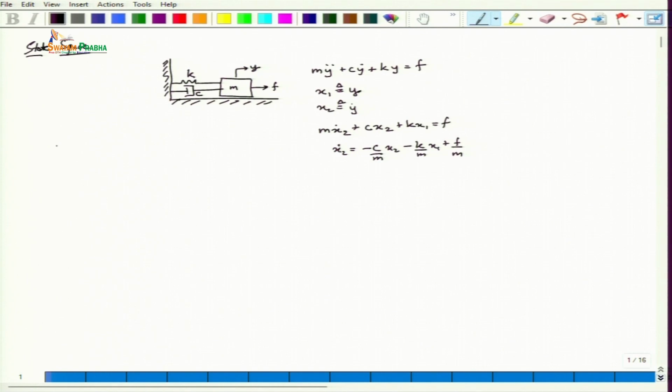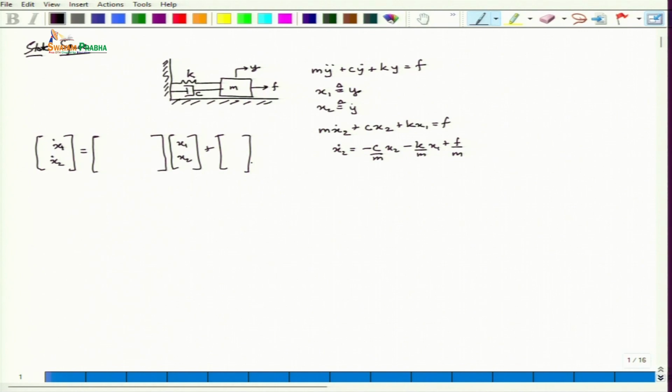So the state equation is of the form that we take the derivative of the states, that is x1 dot and x2 dot, that will be equal to some matrix times x1 x2 plus some vector or matrix.